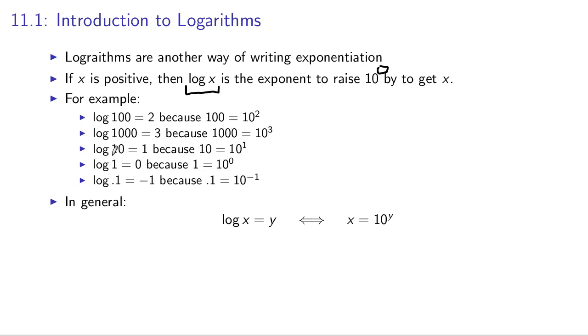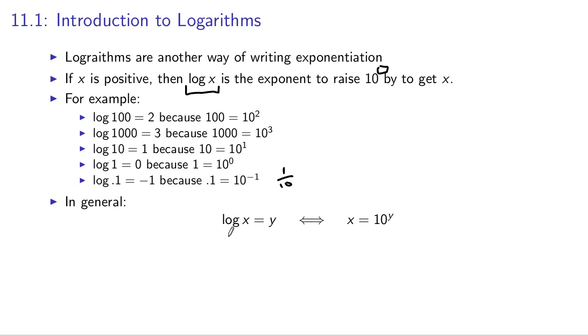The logarithm of 10 is 1, because 10 to the first power is 10. The logarithm of 1 is 0, because 10 to the 0th power is 1. The logarithm of 0.1 is negative 1, because 0.1 or 1/10 is 10 to the negative first power, because we invert the fraction.